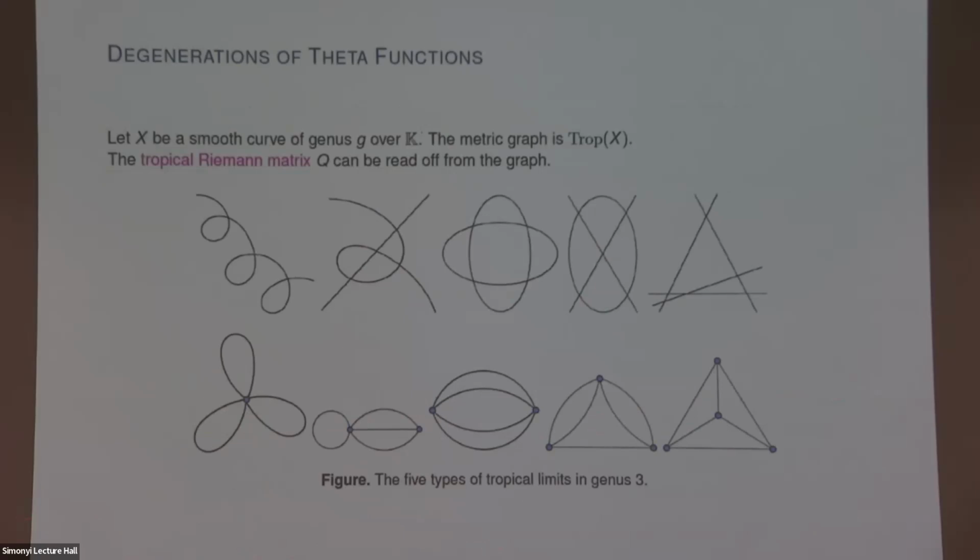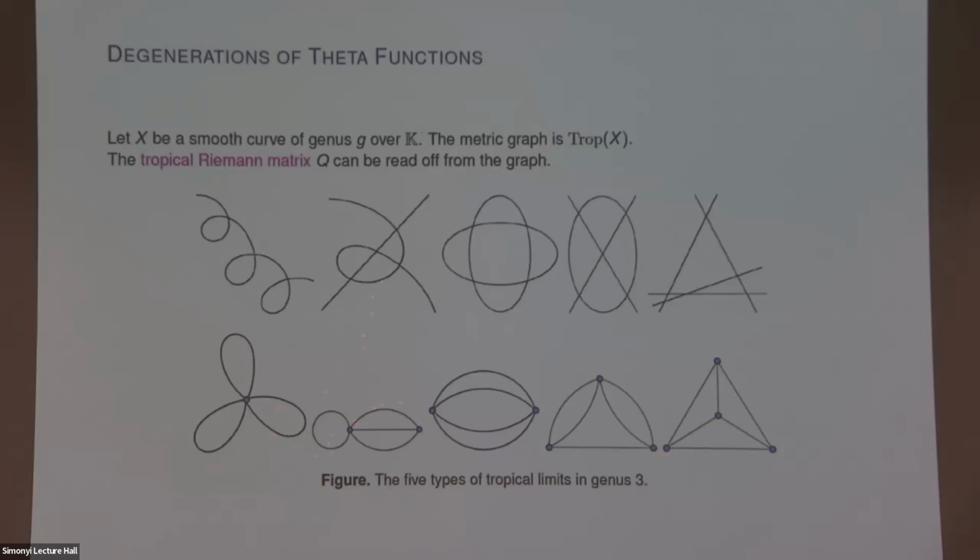Okay, and what I mean, just say a little bit about these degenerations. So here I have the five types of tropical limits in genus 3. So here I have my genus 3 nodal curves. And the way that you can draw their metric graph, which is their tropicalization, is each component gives you a vertex and each intersection gives you an edge. So self-intersection is a self-loop.